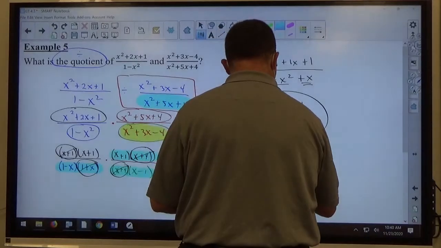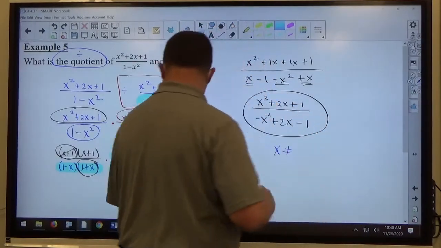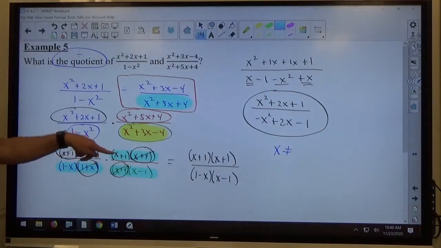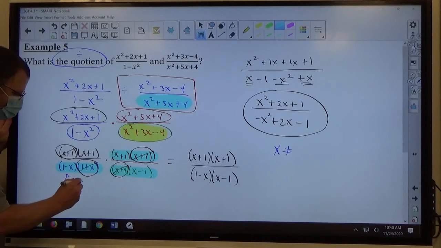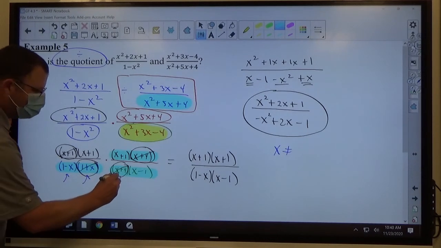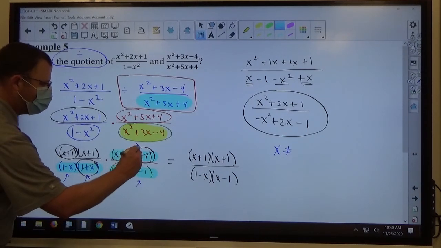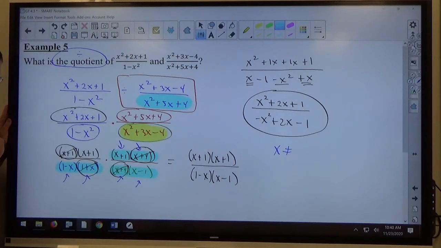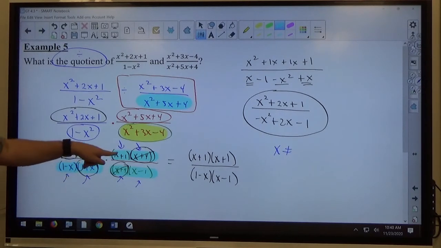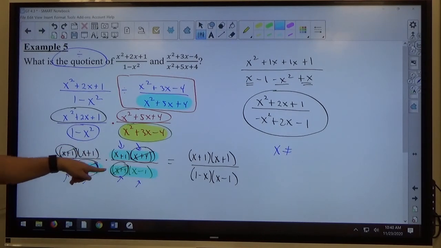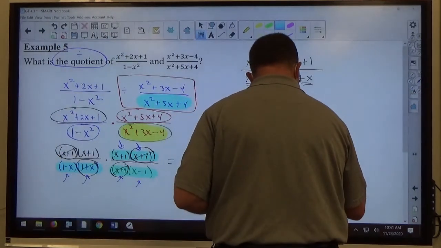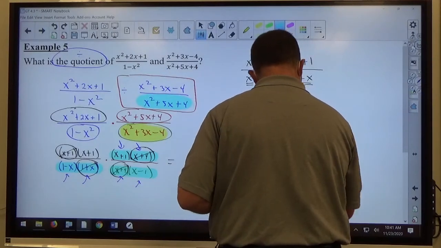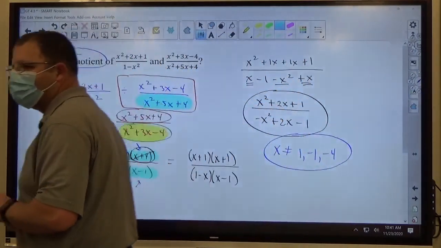So when I say x is not allowed to equal certain numbers, anything making 0 on any one of these factors represents a point at which that's the domain issue. So this makes positive 1, this makes negative 1, negative 4, positive 1, negative 4, negative 1. So there's a couple repeats. Negative 1 happens twice, negative 4 happens twice, positive 1 happens twice, but 1, negative 1, negative 4 would be my domain. X is not allowed to equal those numbers.